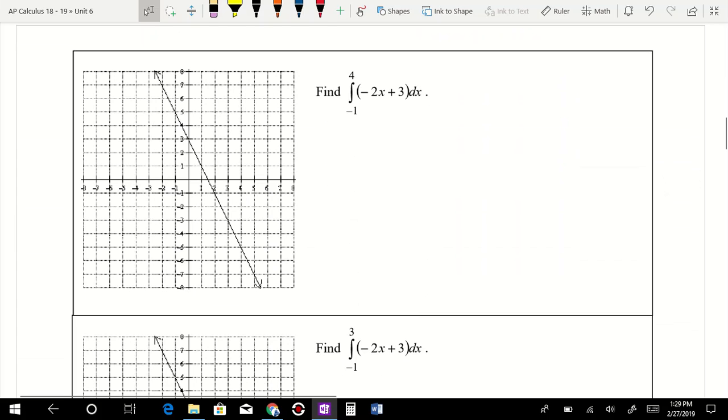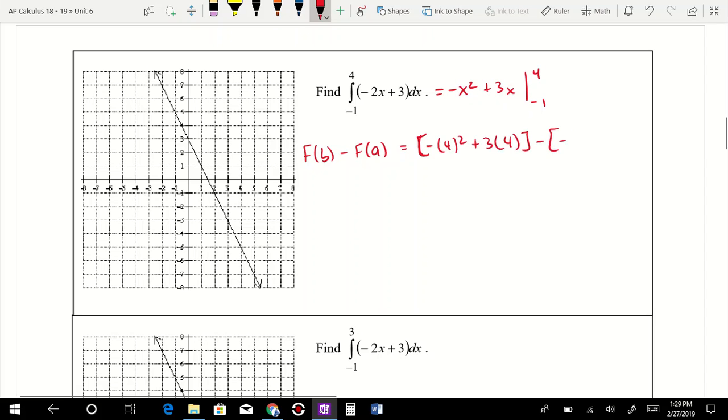Again, same function, so the antiderivative is negative x squared plus 3x, but now our interval is from negative 1 to 4. So again, using FTC, F of b minus F of a, we'll have negative 4 squared plus 3 times 4 minus negative 1 squared plus 3 times negative 1.